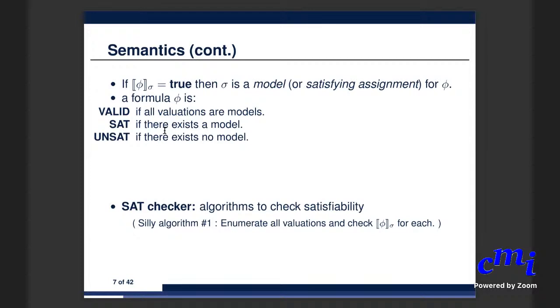It is satisfiable if there exists a model for which the semantics assigns it true. It is unsatisfiable if there exists no model that can make the formula true.